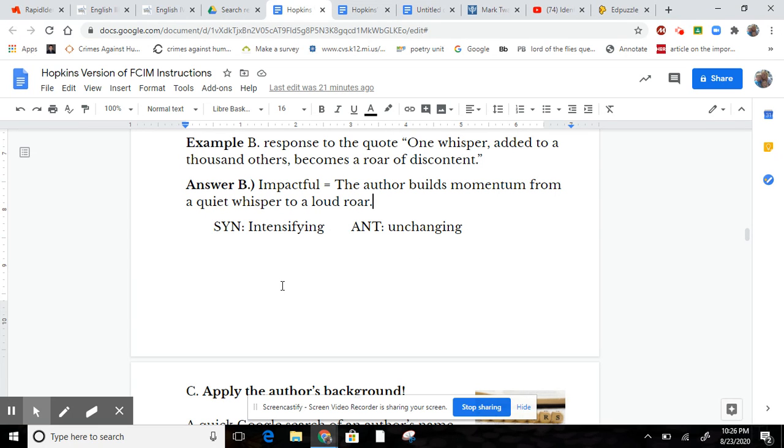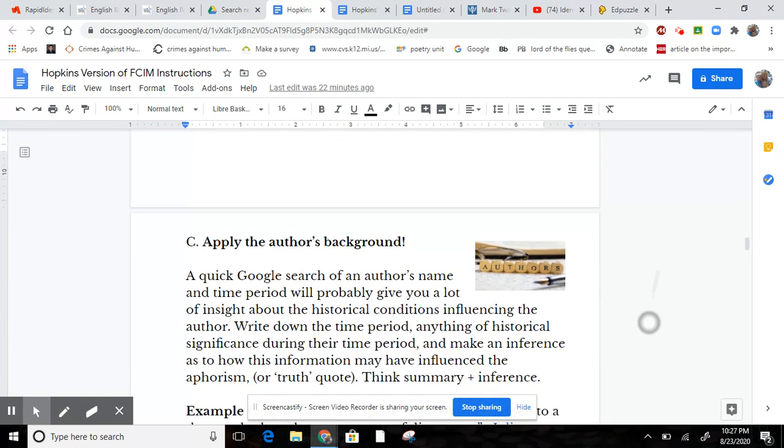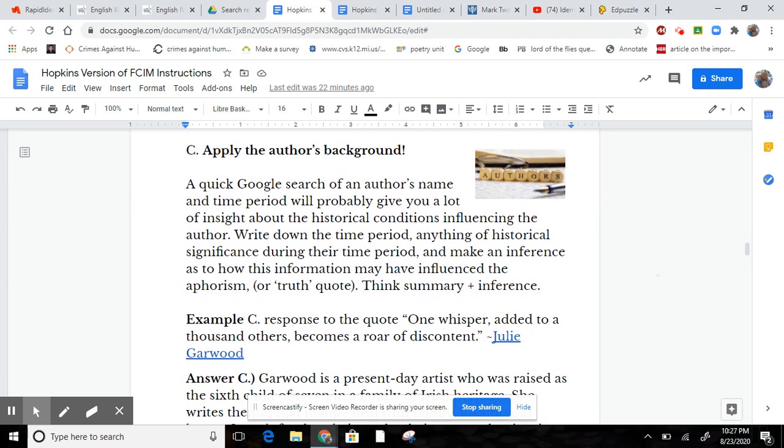All right, part C. Oftentimes, the author's background can influence their purpose for what they're writing. So, we'll be looking and researching a little bit about our authors as we go through these quotes. A quick Google search of an author's name and time period will probably give you a lot of insight about the historical conditions influencing the author.